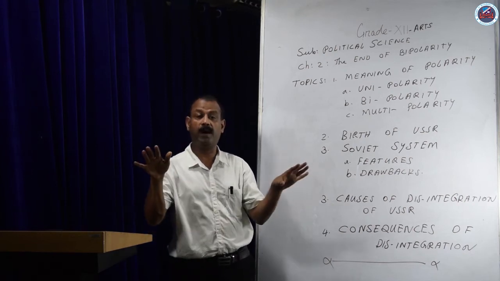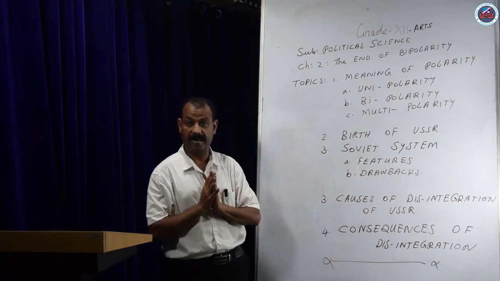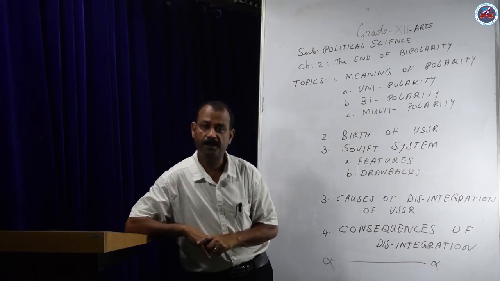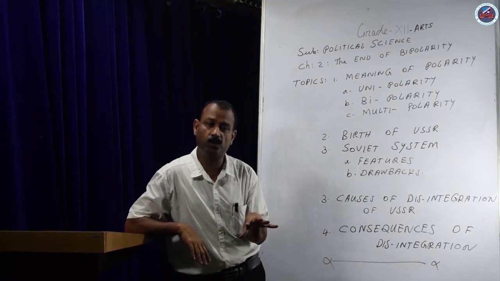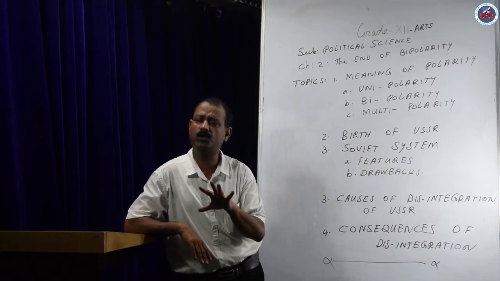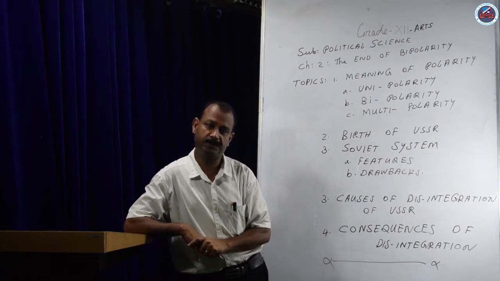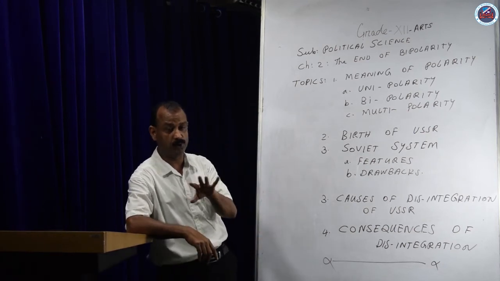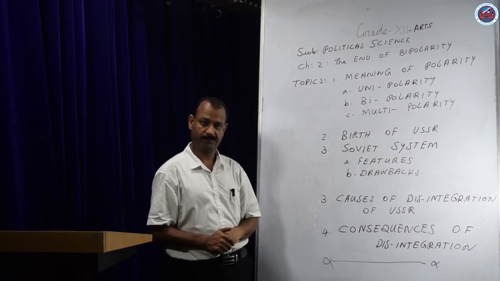They were ruled by the Tsars, the emperors. We have learned this in history. During the Tsars' rule, people had lots of miseries and sufferings, and they decided to start a revolution and overthrow the Tsars.